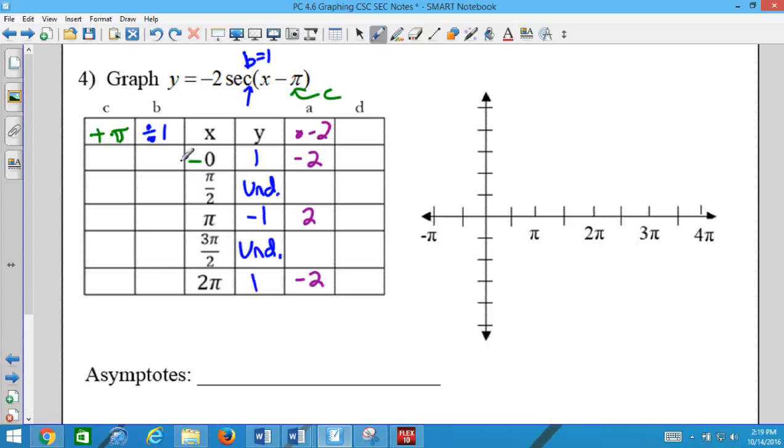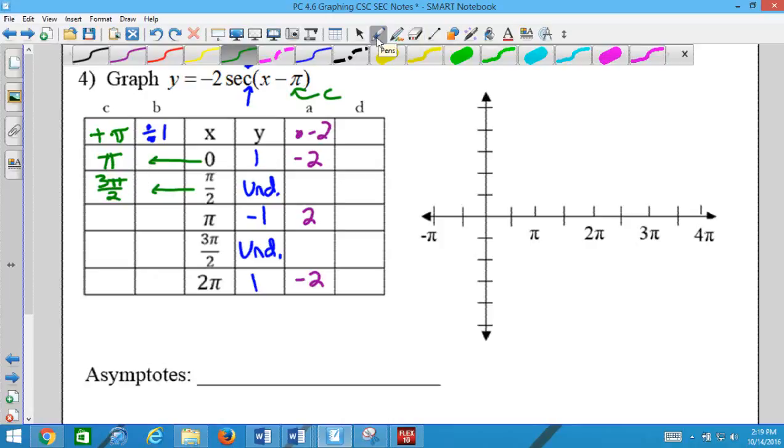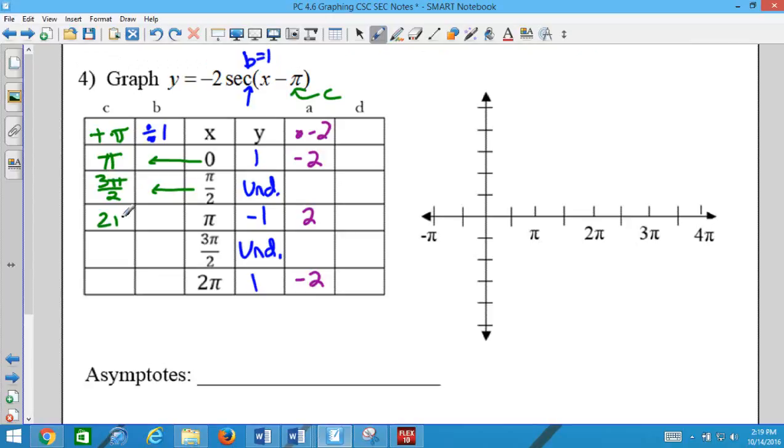So we're going to take this 0 and add pi on. So pi. We're going to take pi over 2 and add pi on. I've been doing this a lot lately, so I'm starting to memorize that pi plus pi over 2 is 3 pi over 2. If I do not have that memorized, then we're going to have to add fractions. And I'll do that on one of them so you can see how. Pi plus pi is 2 pi.